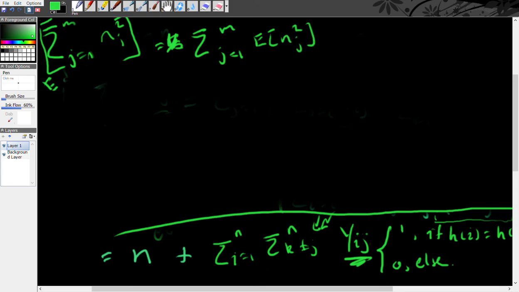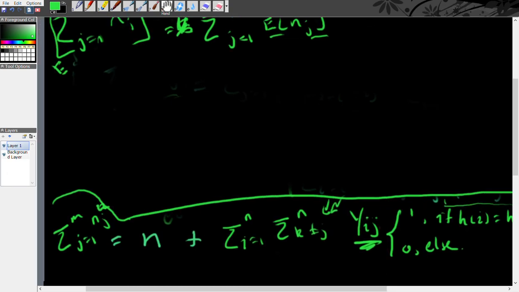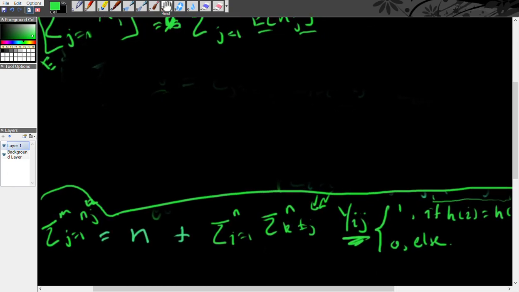And this was the sum of E of nj squared, j equals 1 until m, which was obtained previously. Now, the expectation of this is the expectation of this plus the expectation of this. Make sense so far? I'm just using the definition of linearity of expectation.